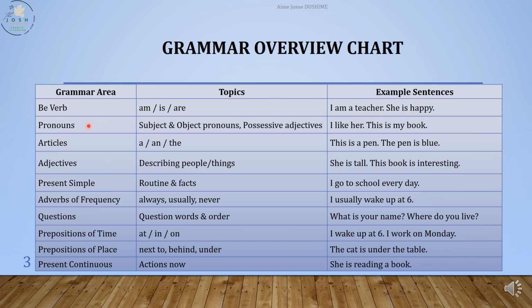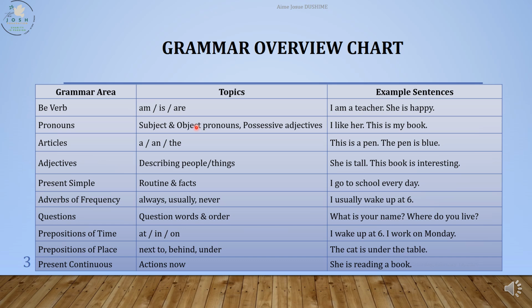And when we go into pronouns, we learned three types: subject pronoun, object pronoun, and possessive adjective. Those are the ones that we learned. For the subject pronoun, we have I, you, he, she, it, we, they.